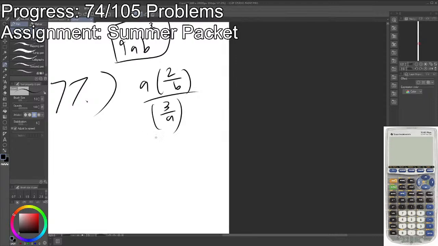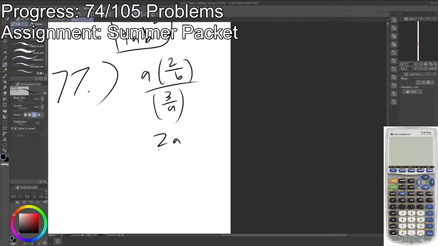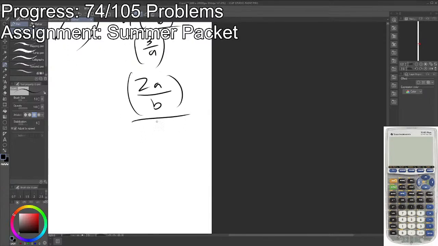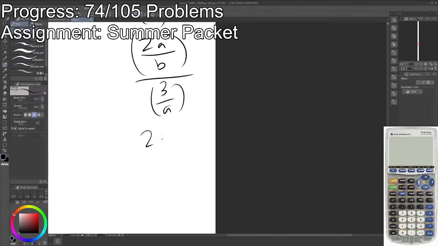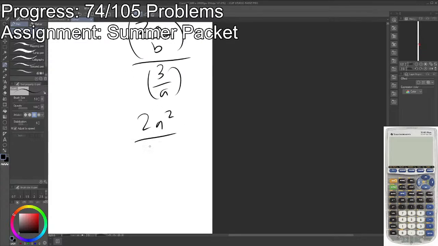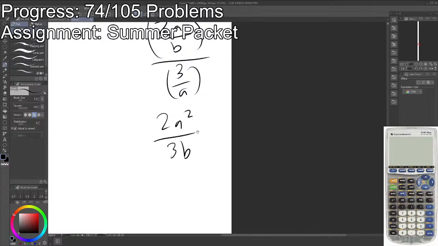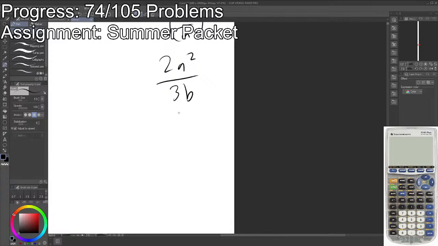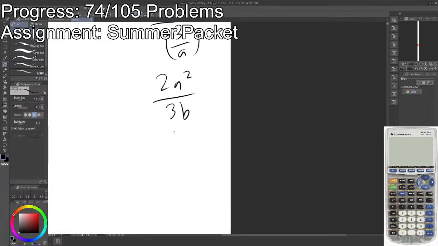No, wait. 2a squared 3b. What's that have to do with exponents? Confused.